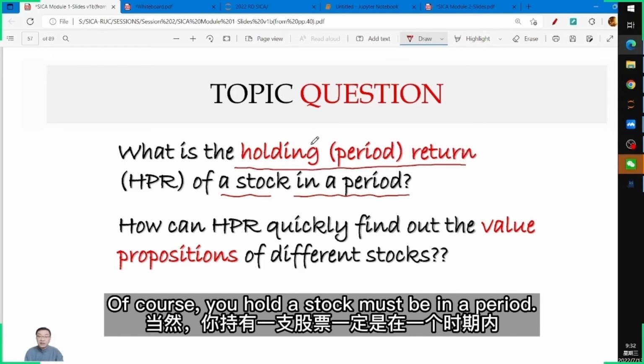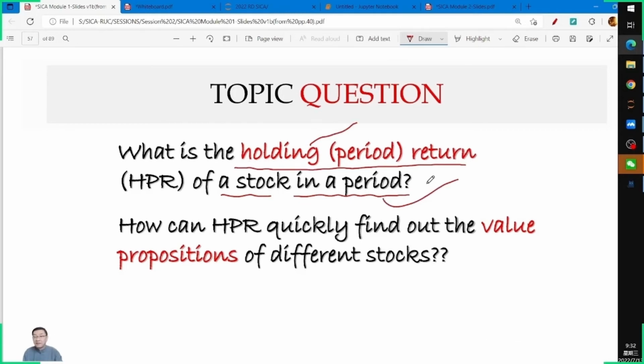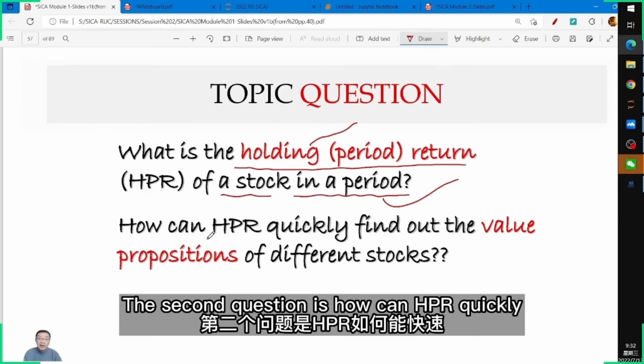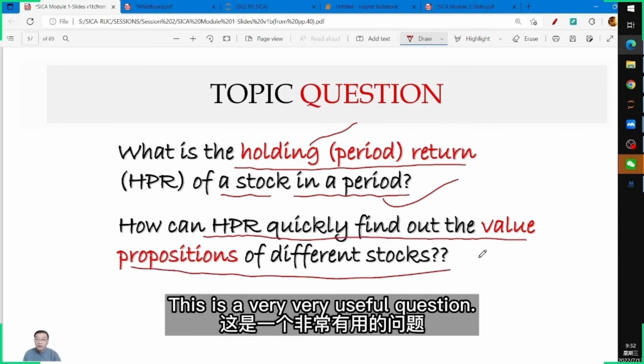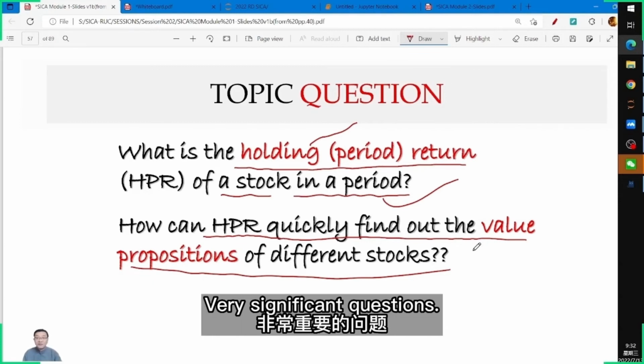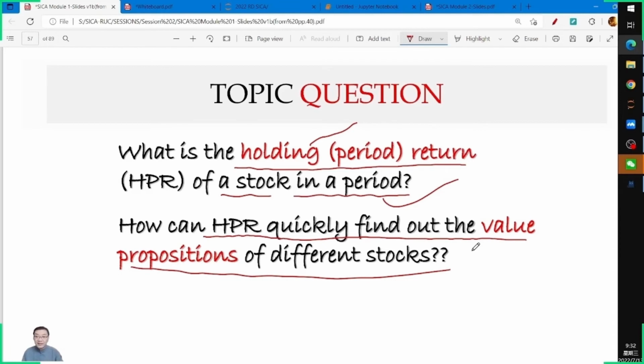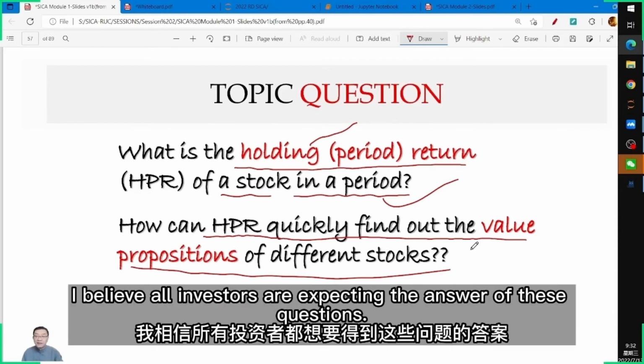Of course, you hold a stock in a period. You cannot hold a stock forever, right? The second question is, how can HPR quickly find out the value propositions of different stocks? Wow, this is a very, very useful question, very meaningful, very significant. I believe all investors are expecting the answer to these questions.